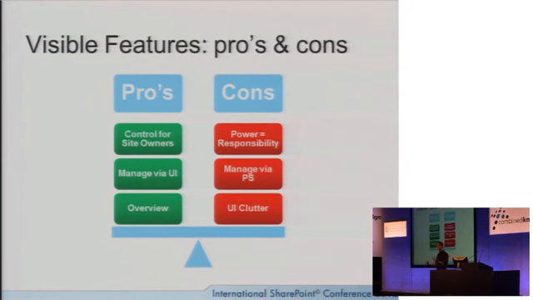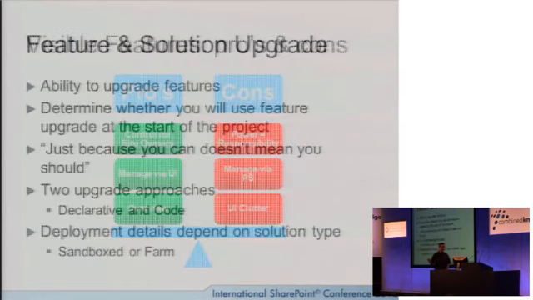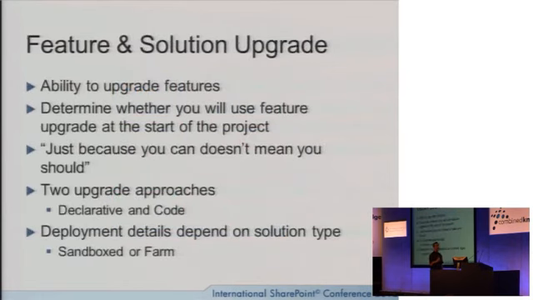So whenever you create a feature, take into account what it does, what it's for, and how you want your users to work with it. And Mirjam is going to tell you more about how you can deal with upgrading features and solutions.